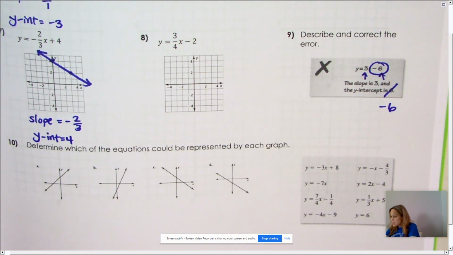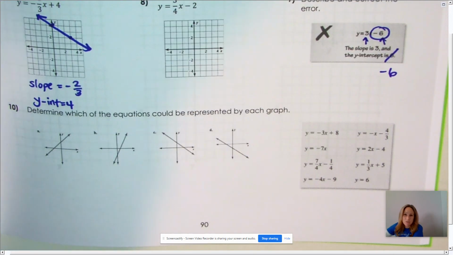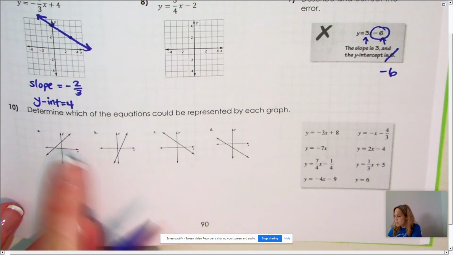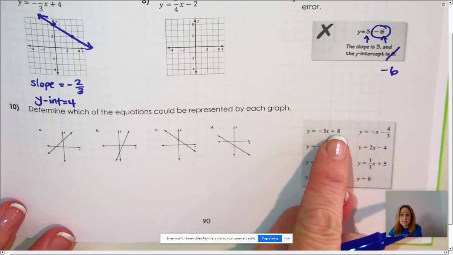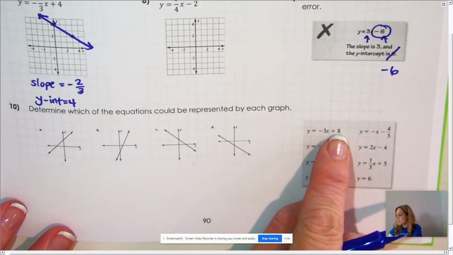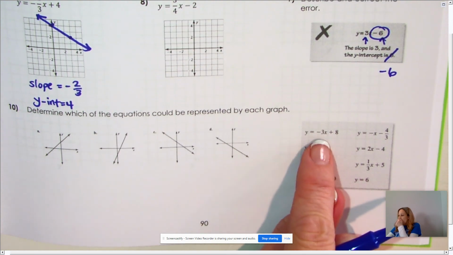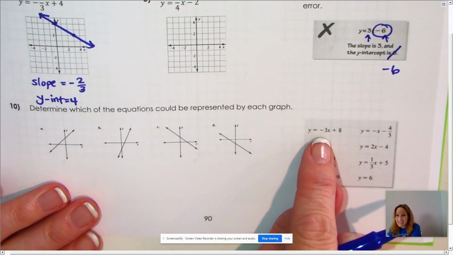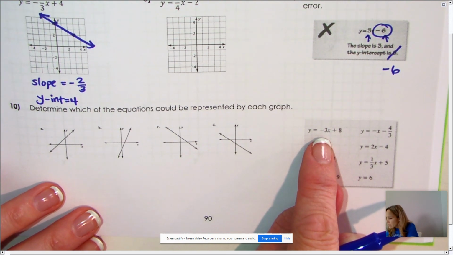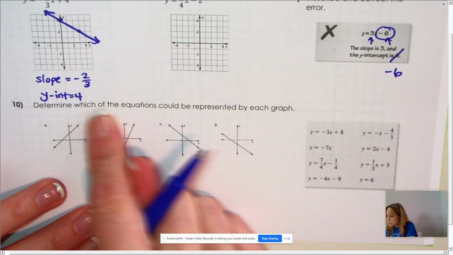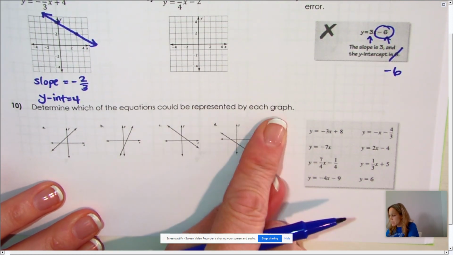Okay, question number 10, again, you guys are going to be doing on your own. But as you guys are thinking about it, think about what a positive y-intercept would look like and what a negative slope would look like. This says just determine which of the equations could be represented by each graph.